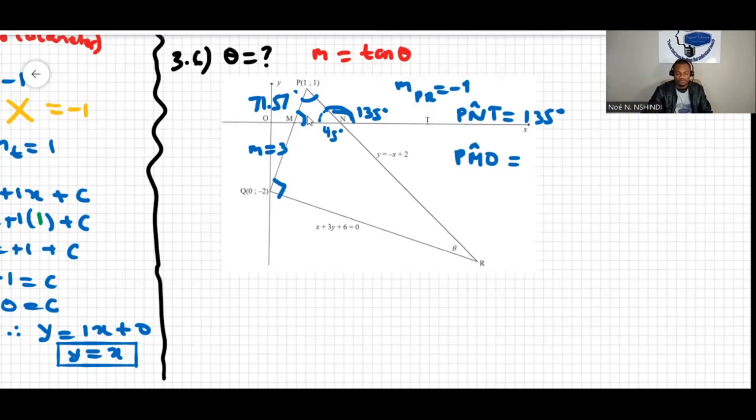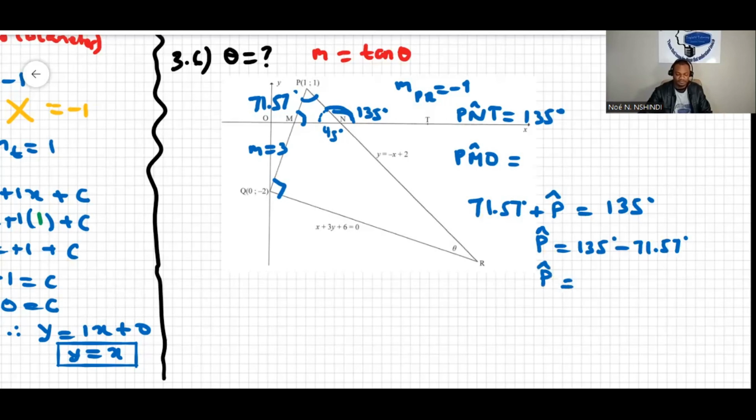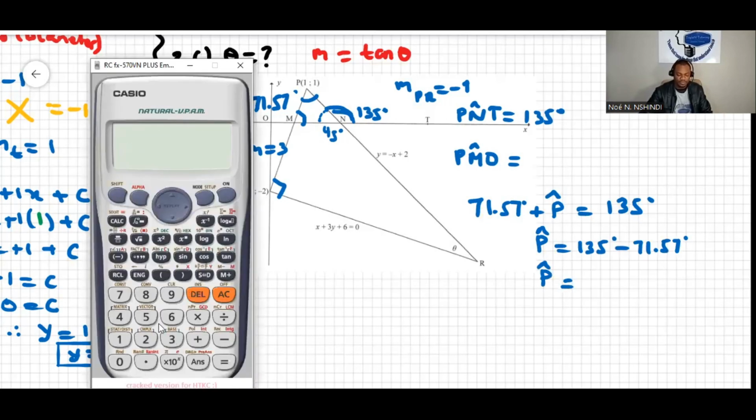So we have 71.57 degrees plus the angle P equal to 135 degrees. If I need to find P, I can just move 71.57 degrees over, and then we do 135 minus 71.57.